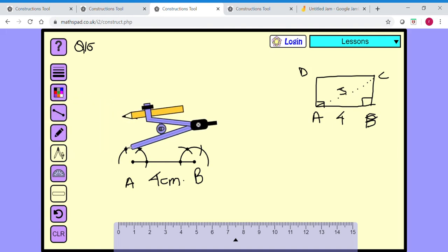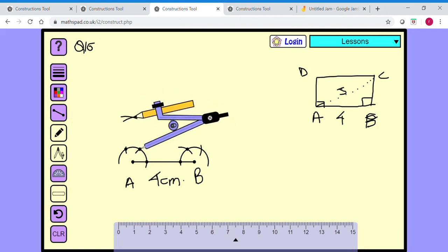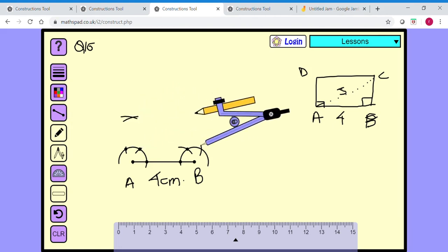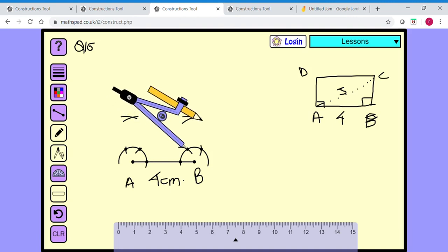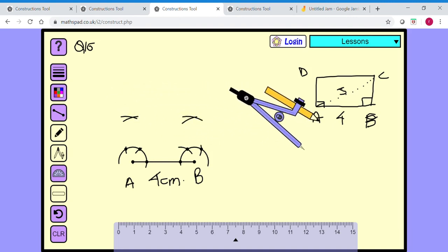I pick it up and keep it at the 60-degree point without changing the span, and I cut this line. Similarly, I do it from the 60-degree and 120-degree arcs that I made at B. I pick it up, keep it here, and cut this first arc. Done. So I've got my two 90-degree lines.